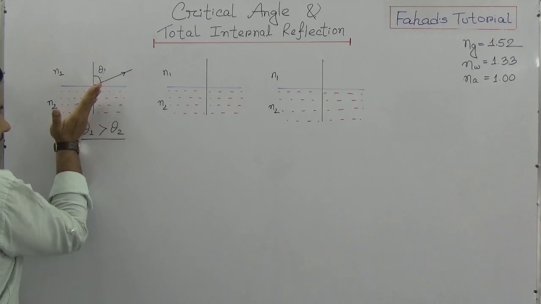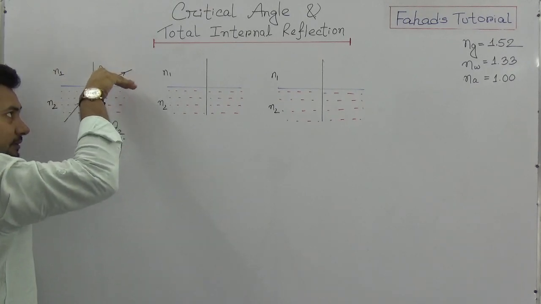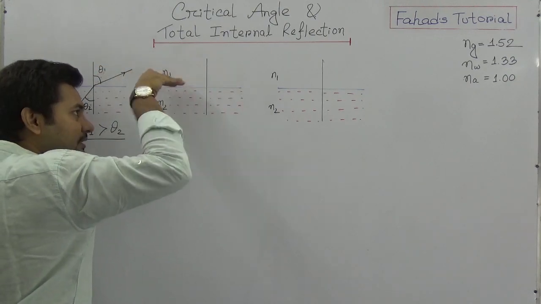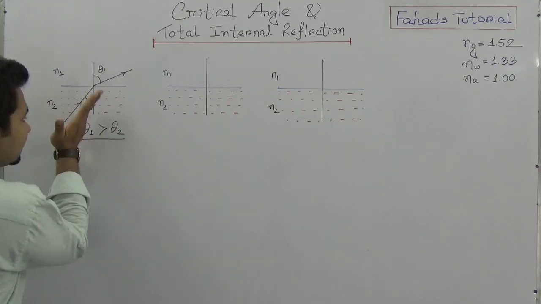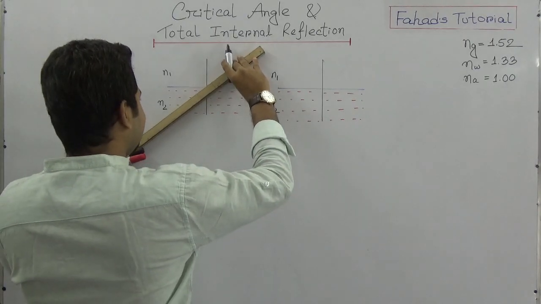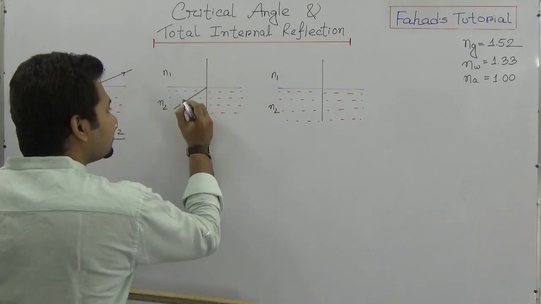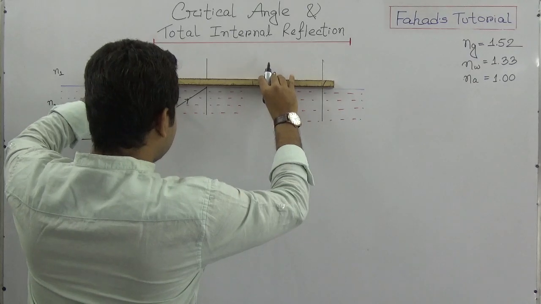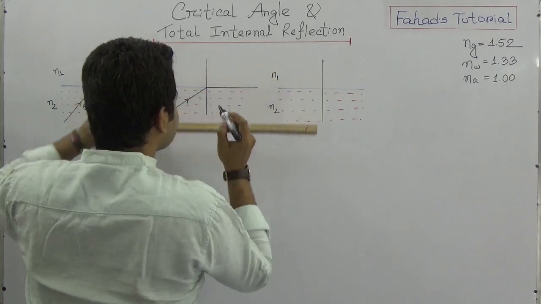If you increase the angle a little bit, the refracted ray will pass along the surface of separation. What will happen if you increase this theta a little bit more? Then the incident ray will be like this and the refracted ray would be like this.